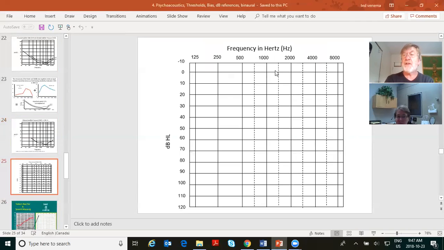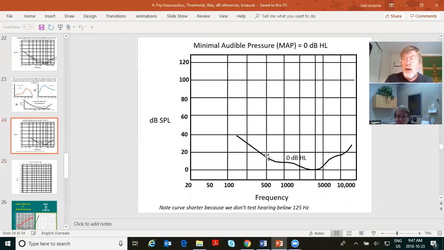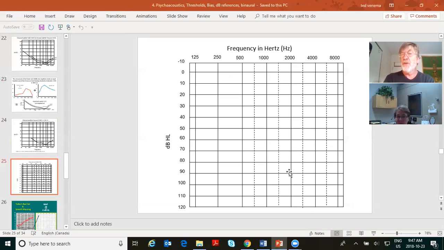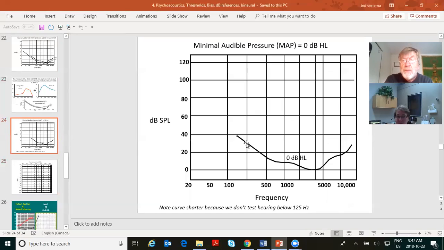Can't emphatically say it any more than that. These differences across the decibels, across the frequencies, are built into your audiometer so that you can call them all 0. So really realize that 0 at 125 is actually about, I don't know, about 40.